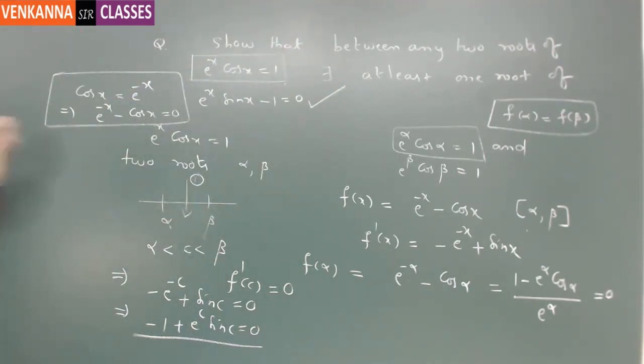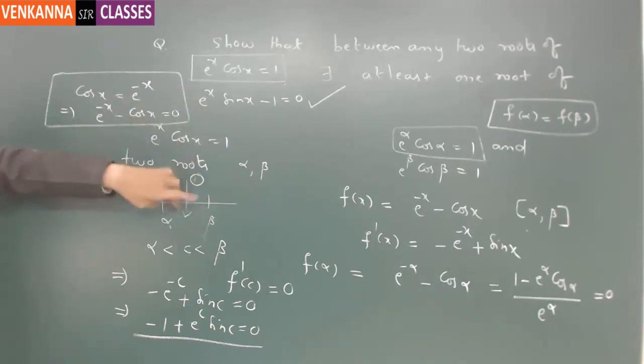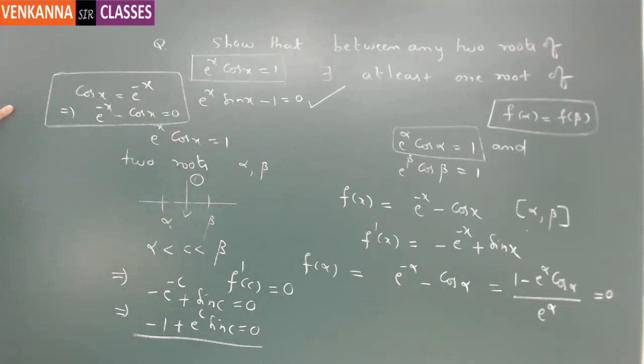So c is a root of the equation e power x sin x minus 1 equal to 0. So whenever you take two roots alpha beta of the first equation, between them you can find at least one root of this equation. Is the part clear?